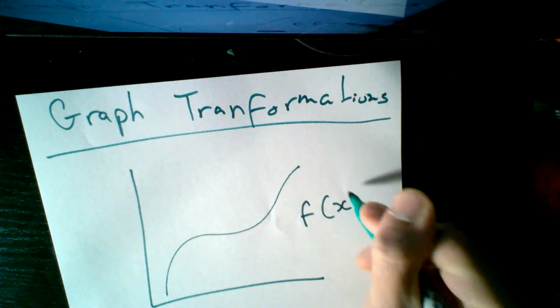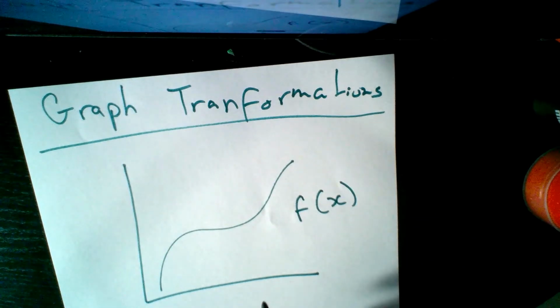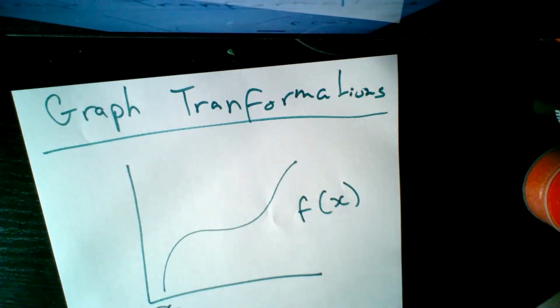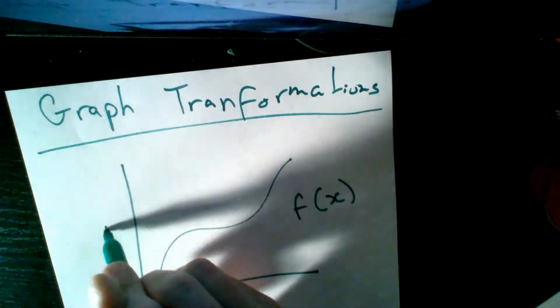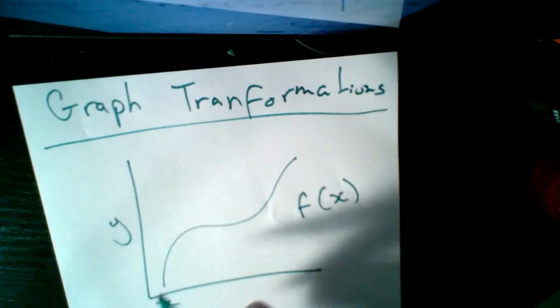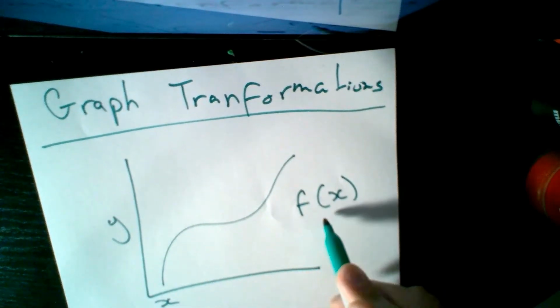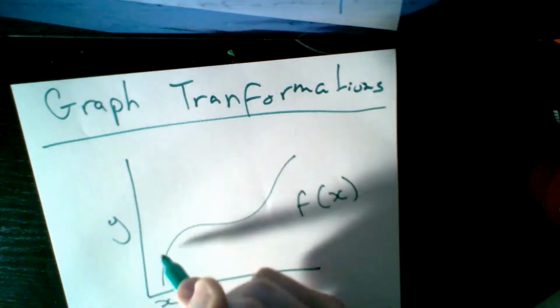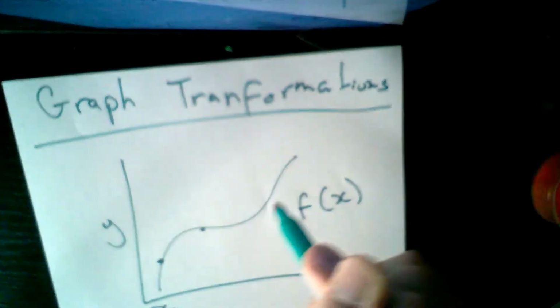This line is f of x. What I mean is, for every x value, we do a function to find the y value. This line is defined by the function f of x. We do a function to the x, we get a point on the y, and we make the graph.